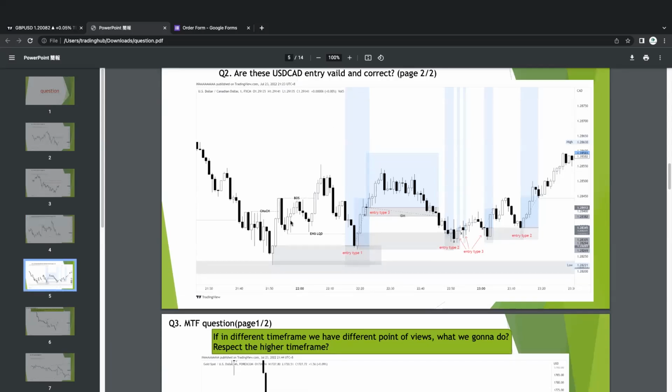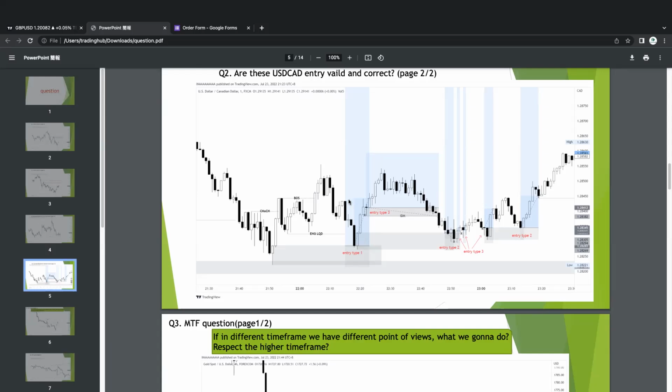Entry valid? Okay. If market taps on this demand zone, then CHoCH, inducement, engineering liquidity, I think same. Yes, so this is an entry type one, correct. First entry.